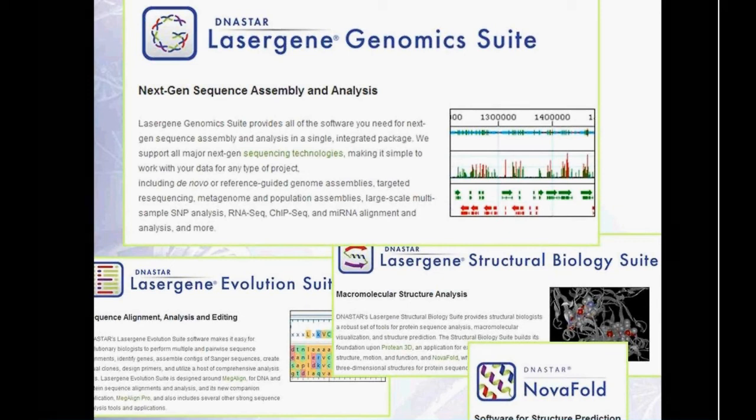There are other suites that we offer, the Structural Biology Suite and the Evolution Suite, that do not include the next-gen assemblers, but may focus on other areas like protein analysis, and NovaFold, which is a brand new structure prediction program. So there are a number of other functionalities that we aren't going to cover today.